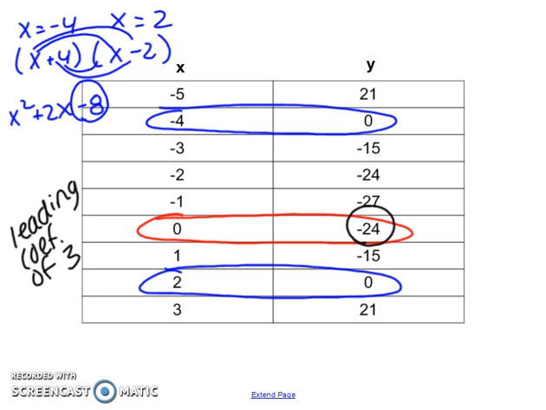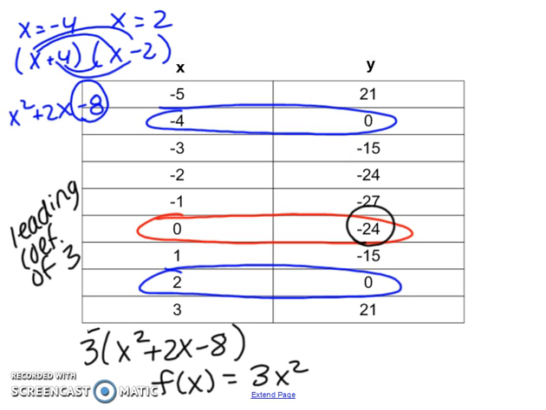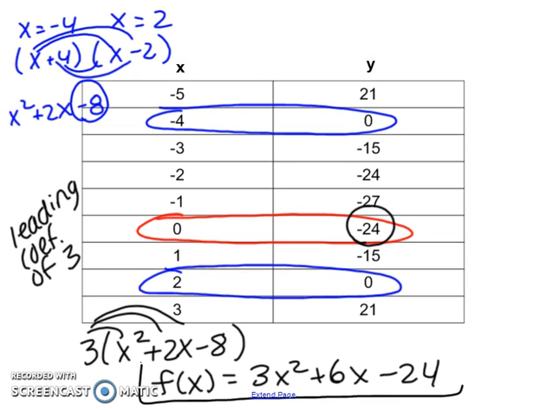So we have to put 3 in front of our function, x squared plus 2x minus 8, and distribute. So our function is going to be 3x squared plus 6x minus 24. So now our y-intercepts are the same. We have -24, check, and -24, check.